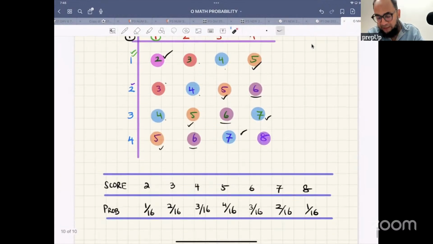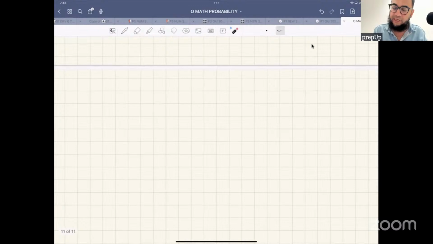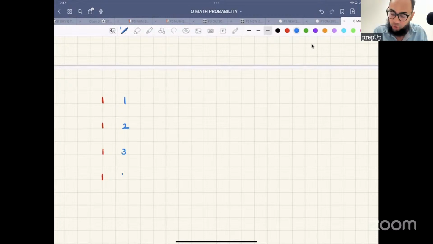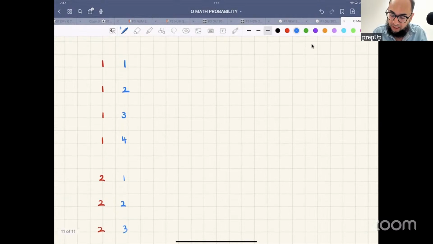Now some people, they also prefer to write it down in this manner, that they can use the color red. They can write 1 and 1 and 1 and 1, and they can change the blue number. So 1 comma 1, 1 comma 2, 1 comma 3, 1 comma 4. Similarly, I can start with the 2 series, that is 2, 2, 2 and 2, and then change the number of the blue, 1, 2, 3 and 4.